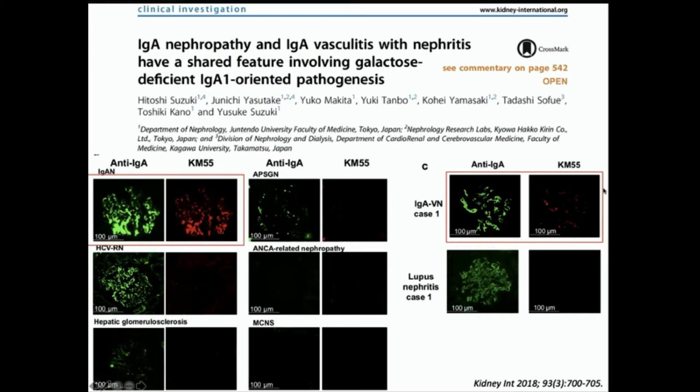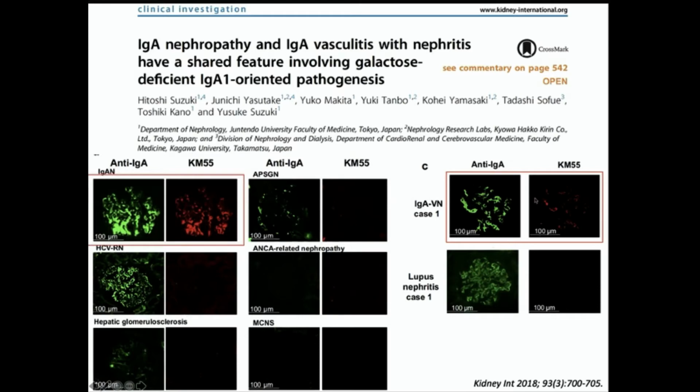What they show, I highlighted some of them. In IgA nephropathy, which is positive with routine IgA staining as the definition, KM55 is also positive in a similar pattern and a similar intensity. Similarly for IgA vasculitis nephritis, which is HSP nephritis, we again see IgA positivity, and KM55 is also positive.